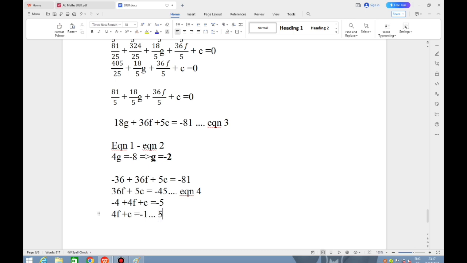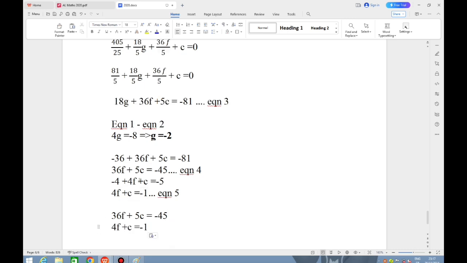Now solving equation 4 and equation 5 simultaneously, you can decide to multiply equation 5 by 5.